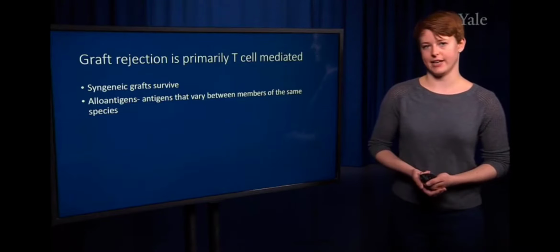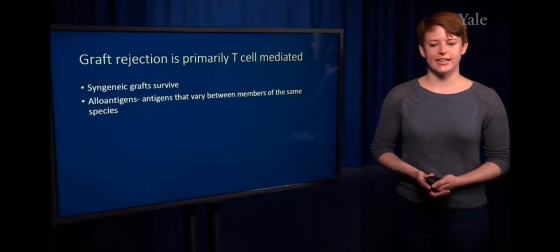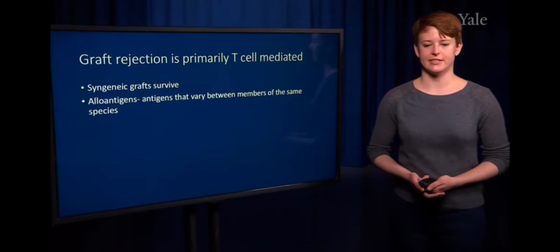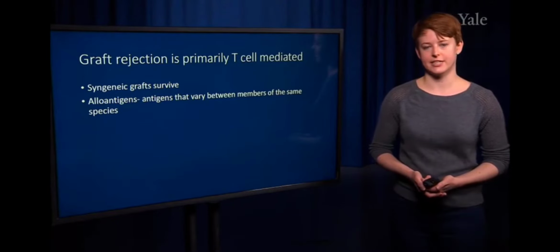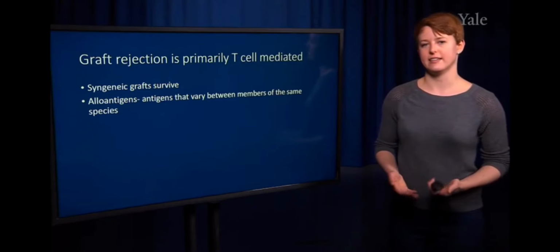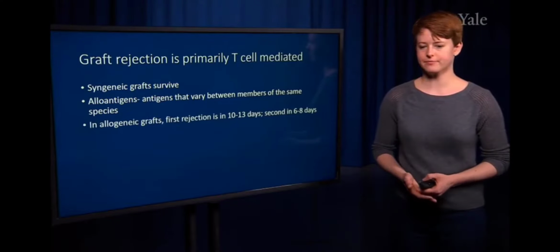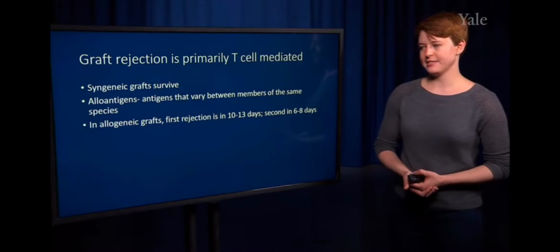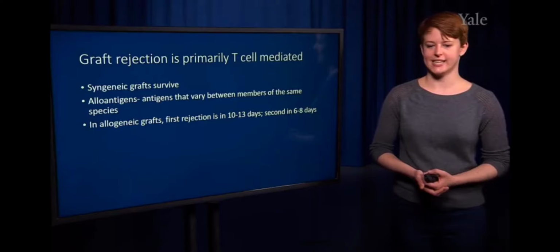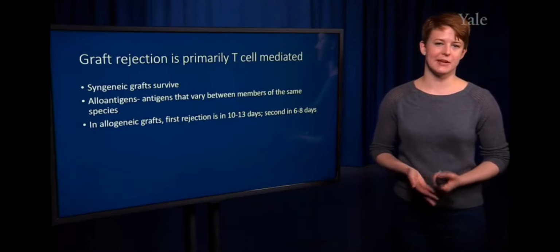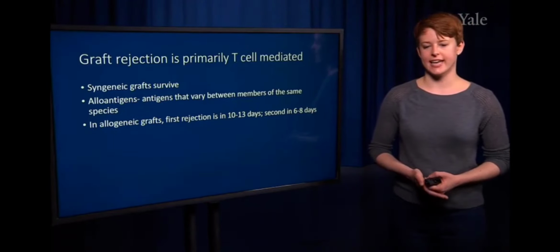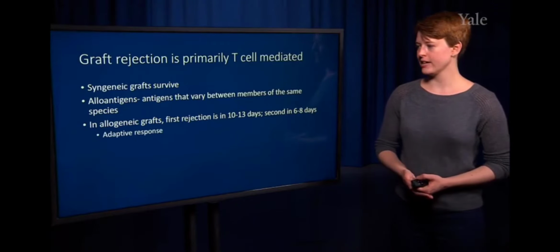And these are antigens that vary between members of the same species. So for example, the yellow mouse and the blue mouse. In allogeneic grafts, the first rejection, like I said, is in 10 to 13 days, and the second is about 6 to 8 days, indicating an immune response, in particular an adaptive response.